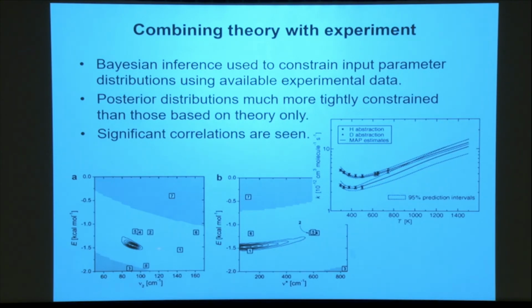And the outcome of this is that if you produce the joint probability distribution of the inputs now, these constrained inputs, there will be correlations between them, because you've used an optimization approach. And so there are correlations now between some of the energy barriers and frequencies, for example, and this is with the imaginary frequency here.